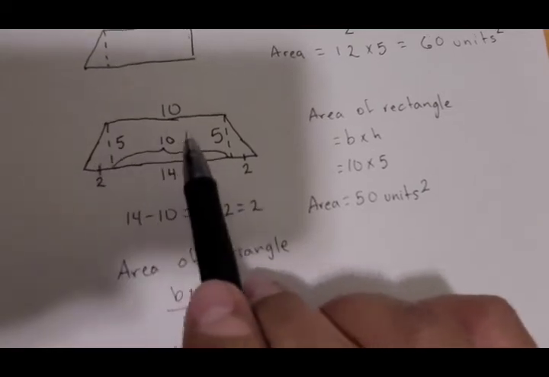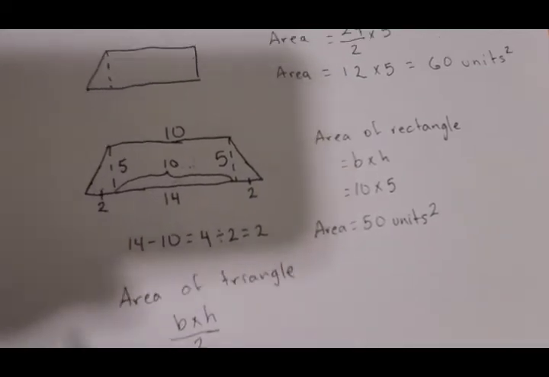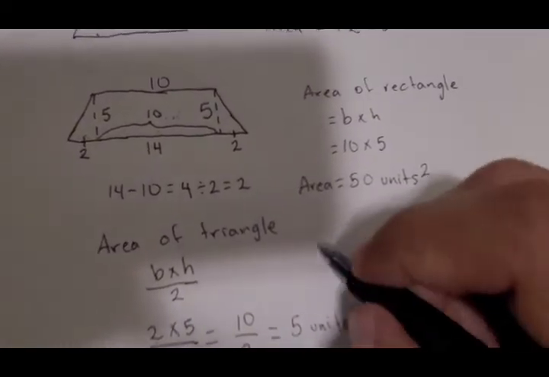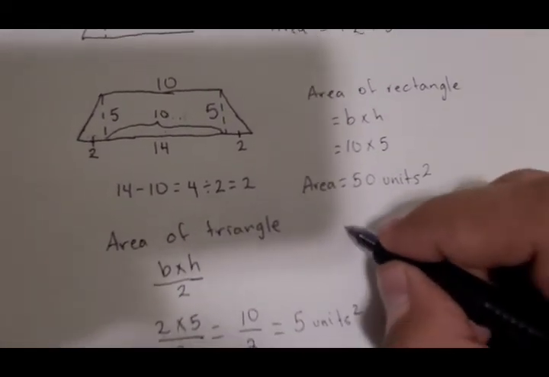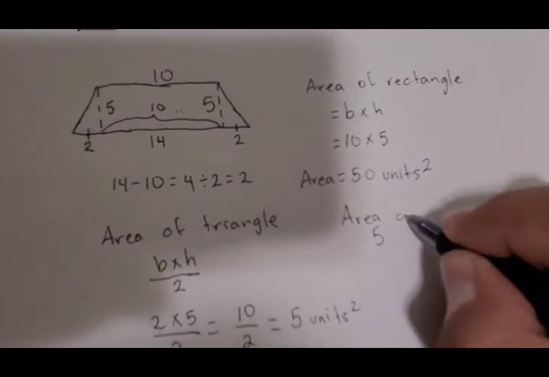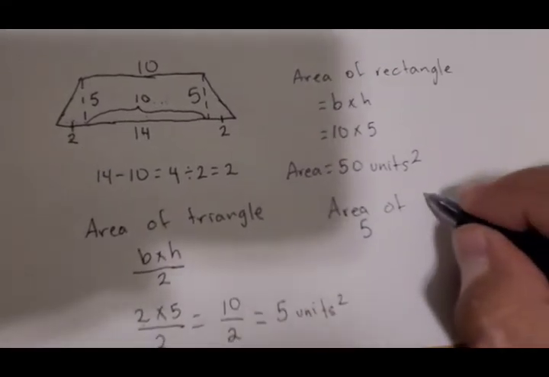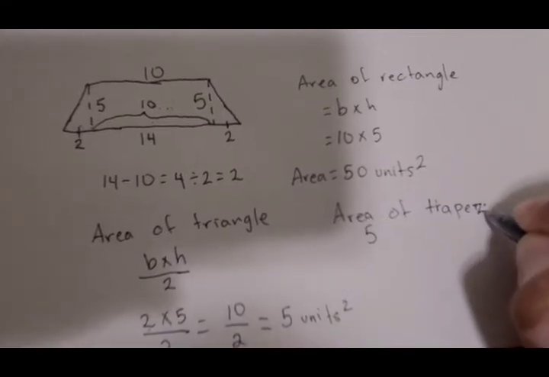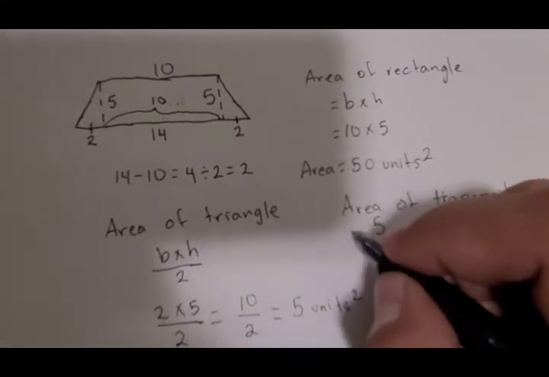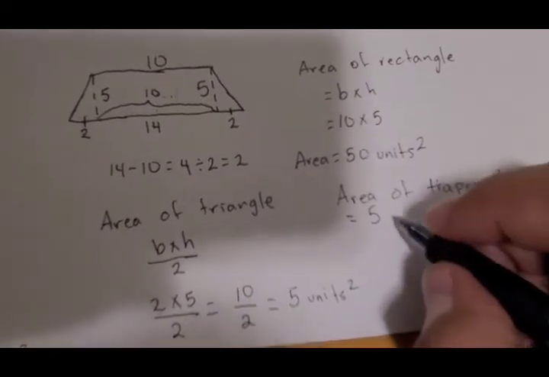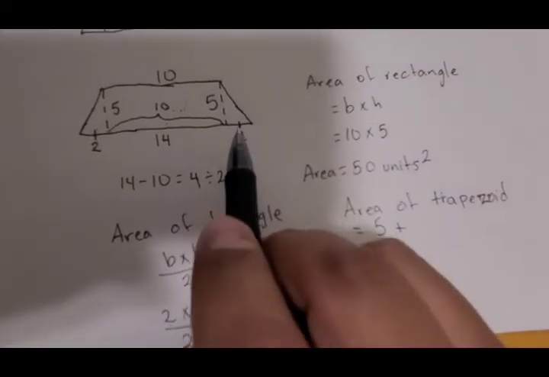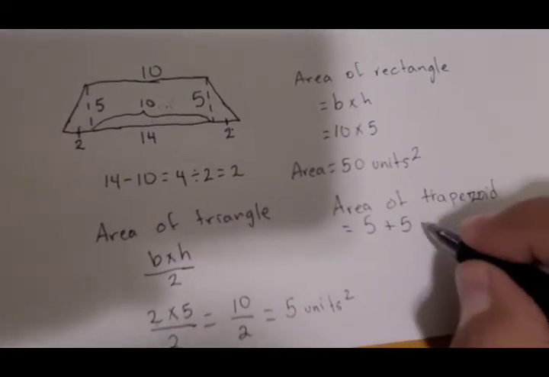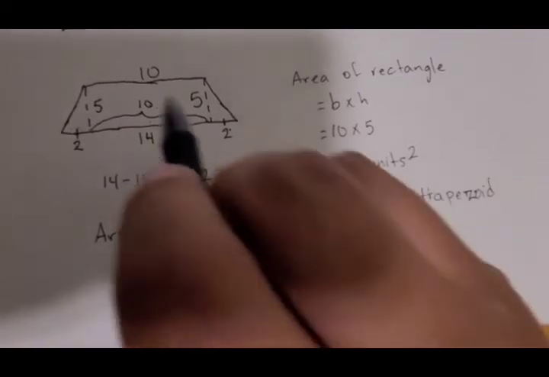Now, we're not done yet. We need to add all three areas together. We know that this first area was 5, so we get 5. So the area of the trapezoid is equal to 5 plus another 5 for the other triangle plus the 50 from the rectangle.